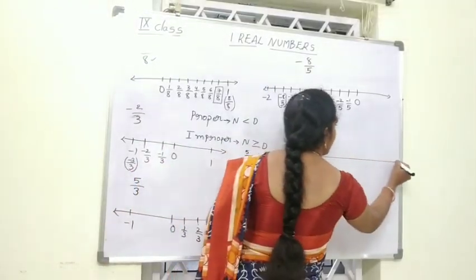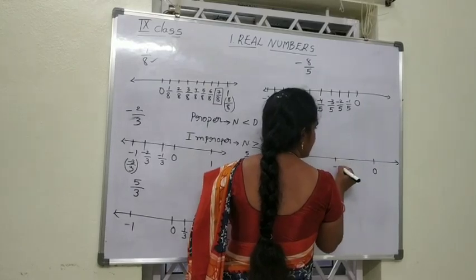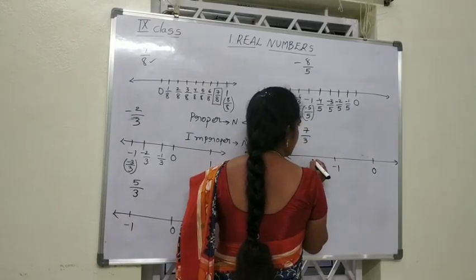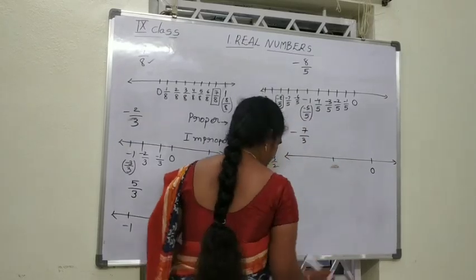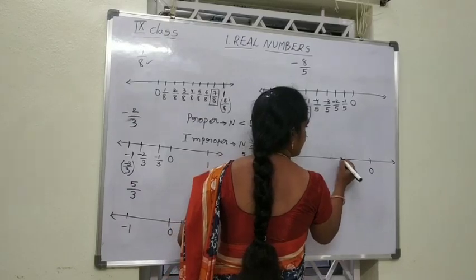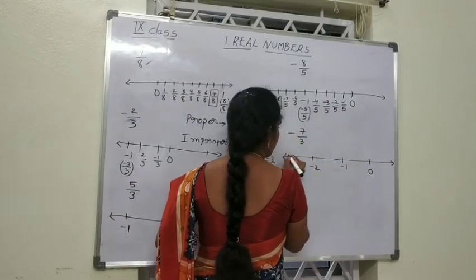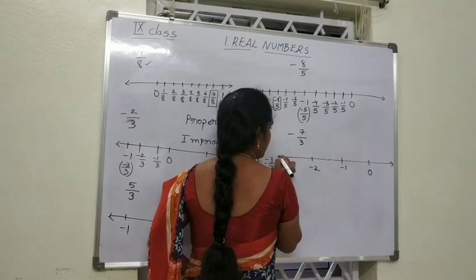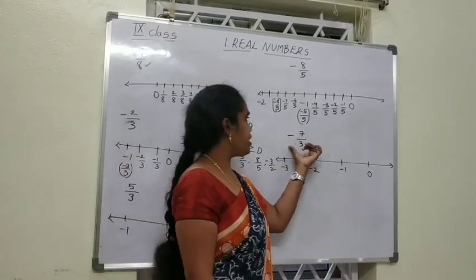So, take a number line and take 0, minus 1, minus 2, minus 3. Okay.